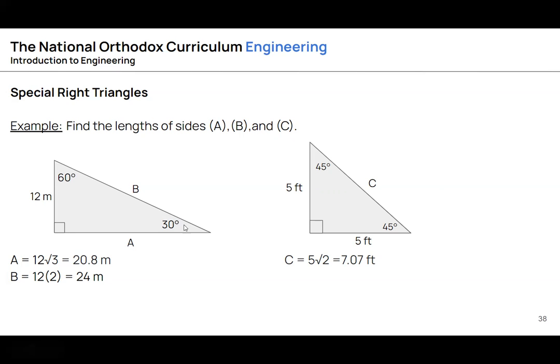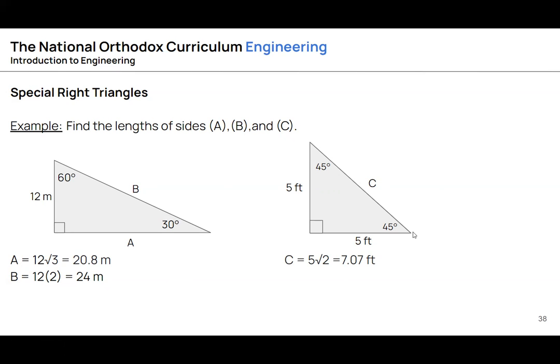Then the hypotenuse is 2 times the short side, 12 times 2, which equals 24 meters.